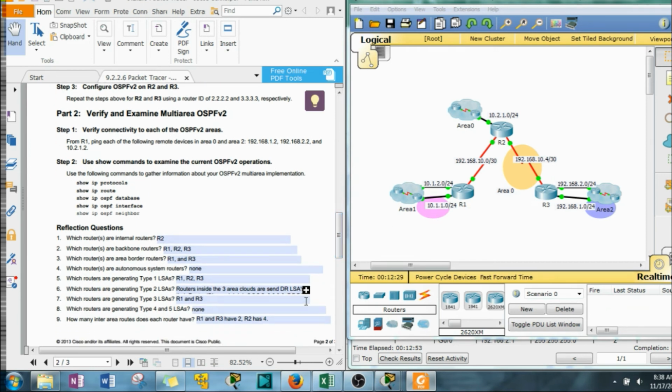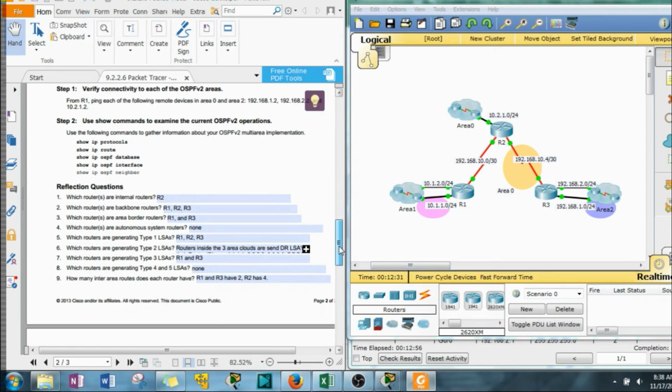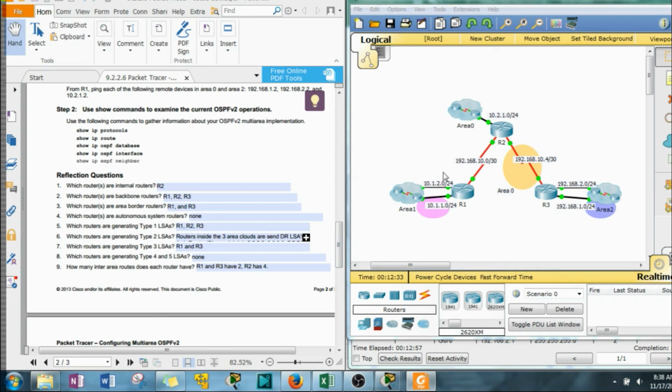So both R1 and R3 are doing this because they both have interfaces in other areas than R2, and R3 isn't part of area 1, so it's going to get some of those as well. And vice versa. R3 will share about R2 to R1, so it knows about that.